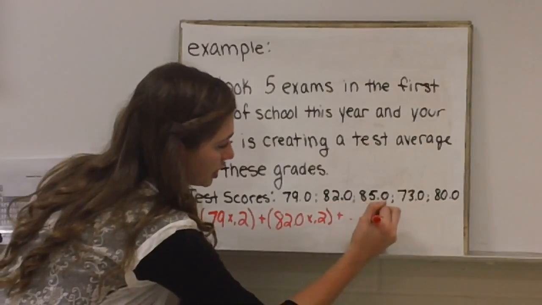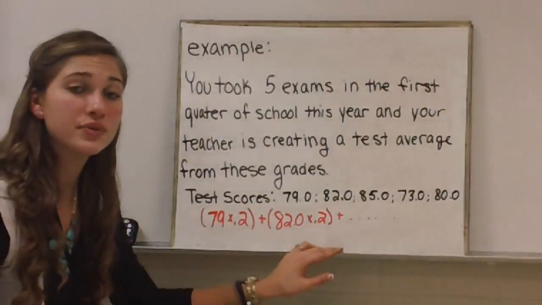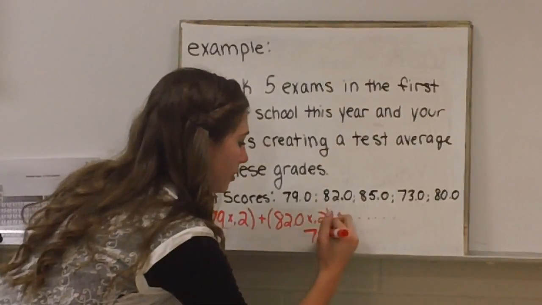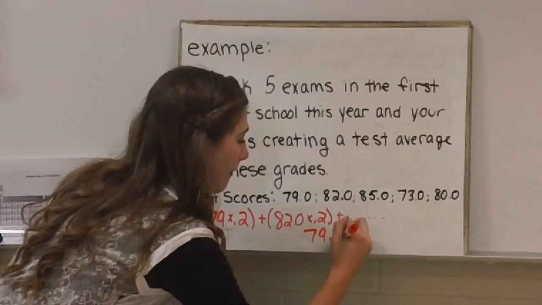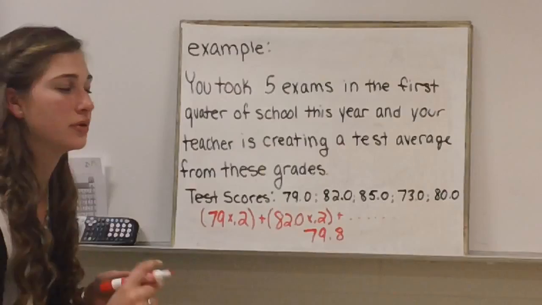If you continued doing this for all 5 test scores and added them together, you would get the average. The average for this one would be about 79.8, and that would be your average test score for the first quarter.